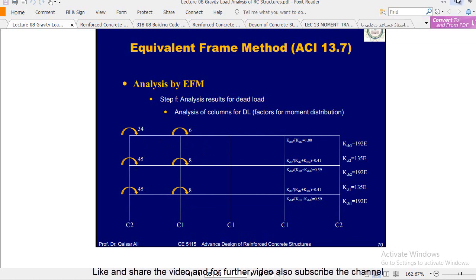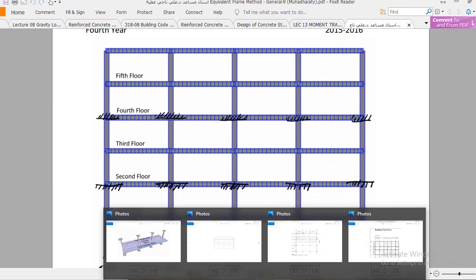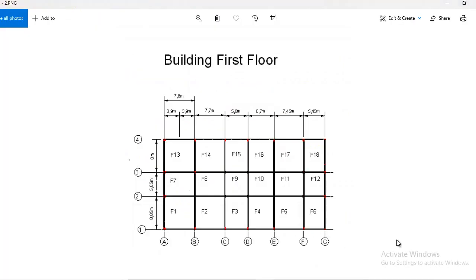Now let me explain the different cases that govern the unbalanced moment. Let's say we have this frame system, and let me share some diagrams.